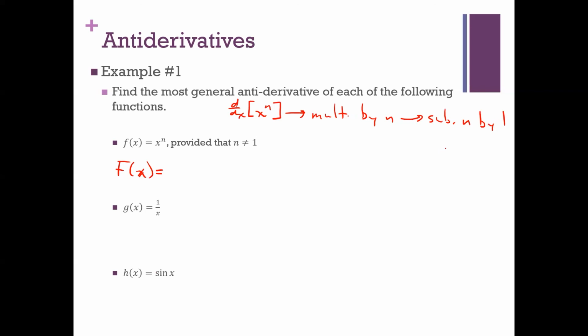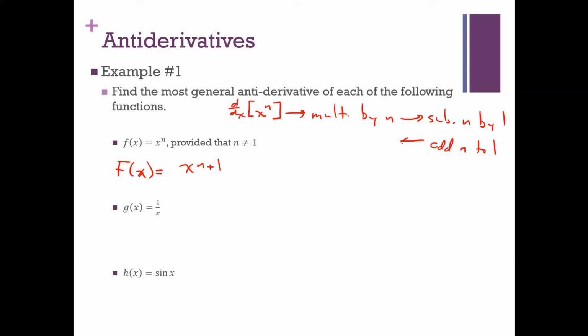So now you're going to do those two steps in the opposite direction, doing the exact opposite thing. That's kind of what an inverse function does. So instead of subtracting n by 1, what are you going to do? Add n to 1. So this antiderivative is going to be x to the n plus 1.